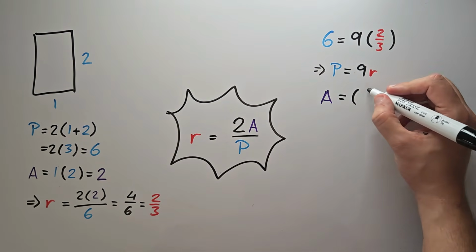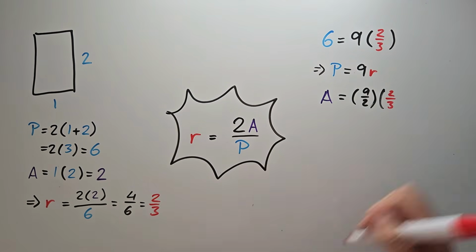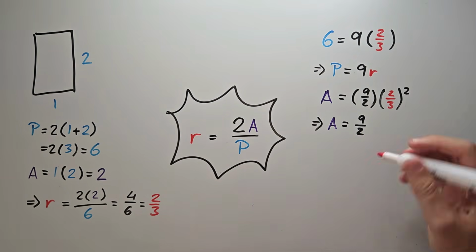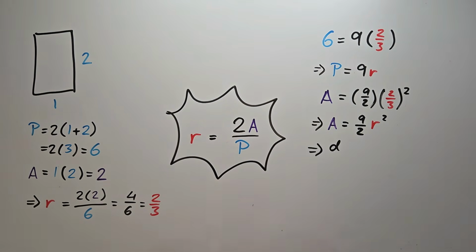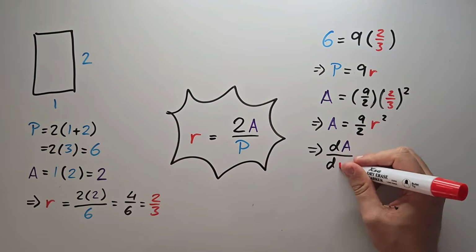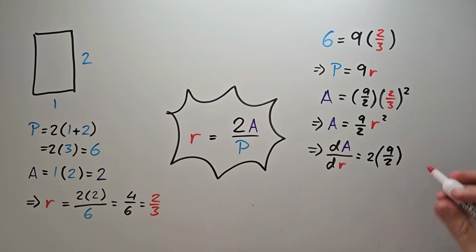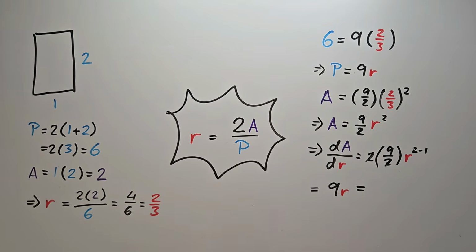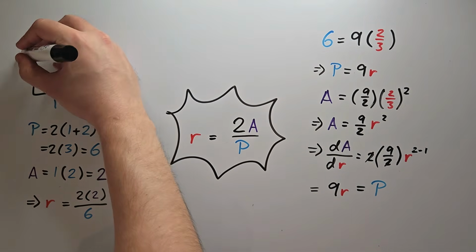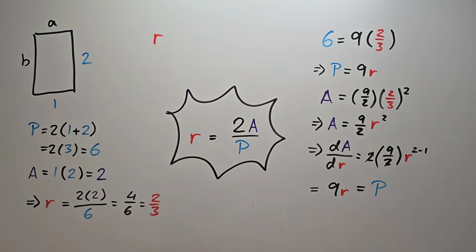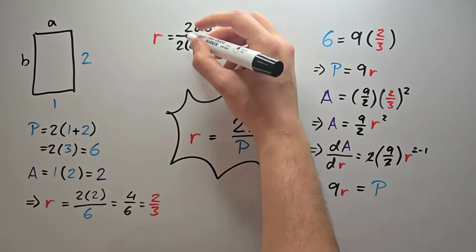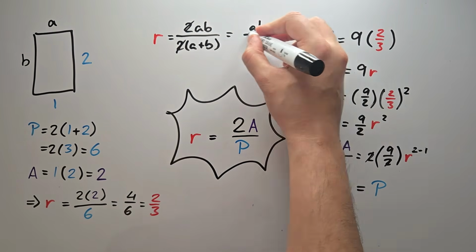We also see that 2 is equal to 9 over 2 times 2/3 squared. Thus the area is equal to 9 over 2 times r squared. By applying the derivative power rule to this area formula, we see that the derivative of the area with respect to r is equal to 9r, which is equal to the perimeter. For a general rectangle of side lengths a and b, we see that r is equal to 2ab over 2(a plus b), which is equal to ab over a plus b.